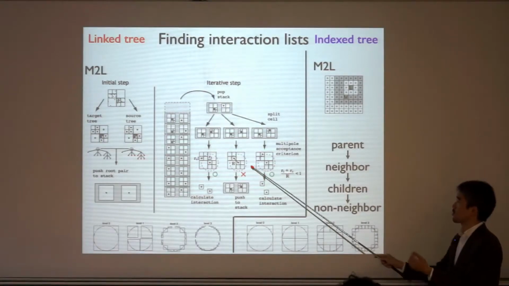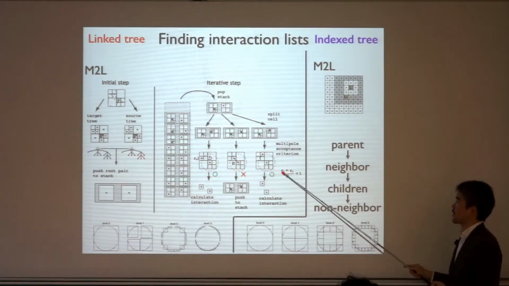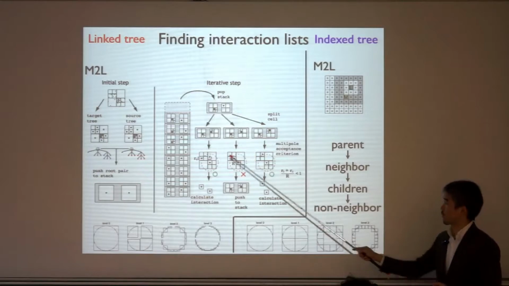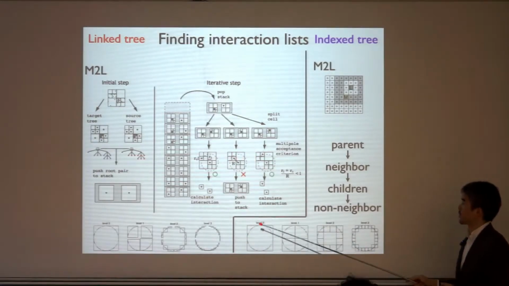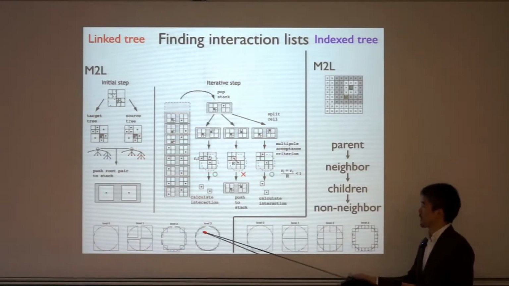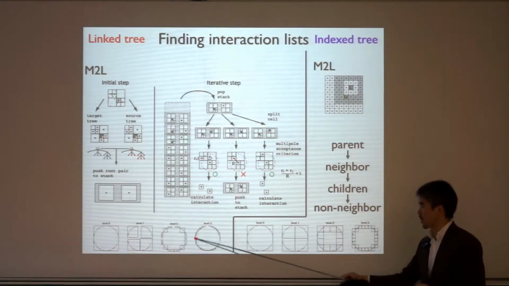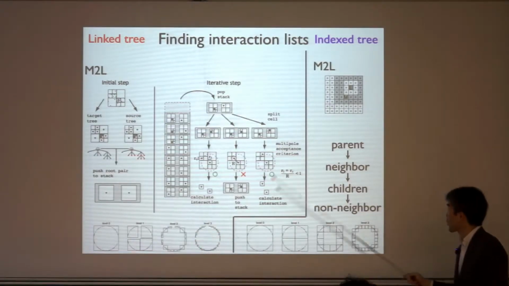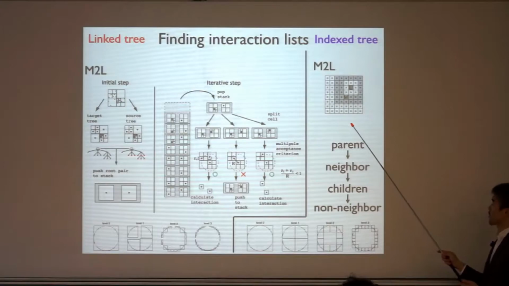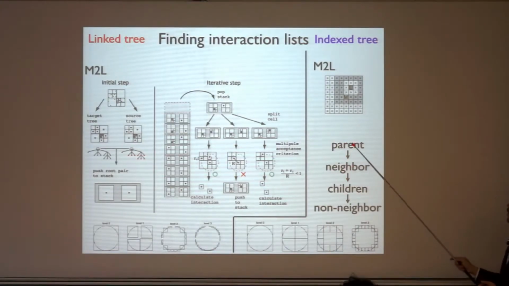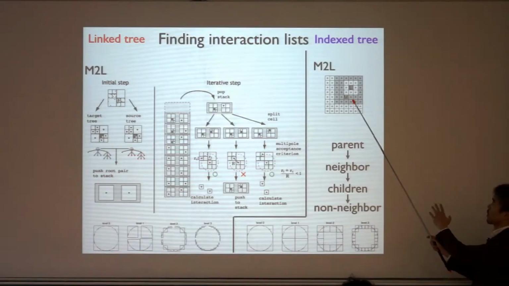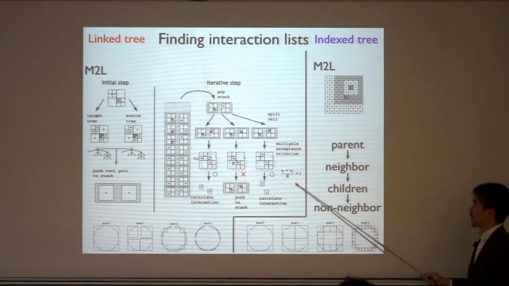Since you're using this distance criteria directly to make the decision, you are able to use strange shape cells. To do this in this approach, you will need to investigate a larger area of neighbors of your parents.